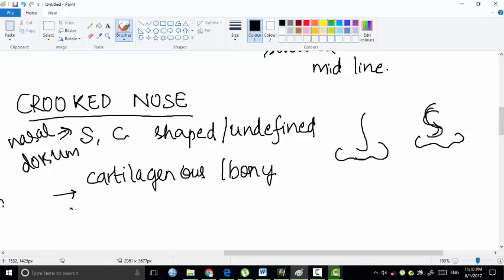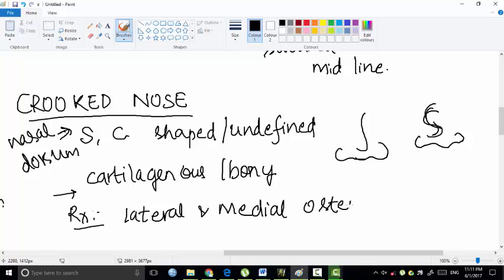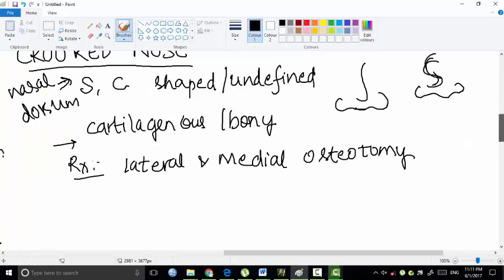So how do you correct it? It is corrected by lateral and medial osteotomy, that is, the excess bone is removed first of all, and then if there is excess cartilage, even that is released.